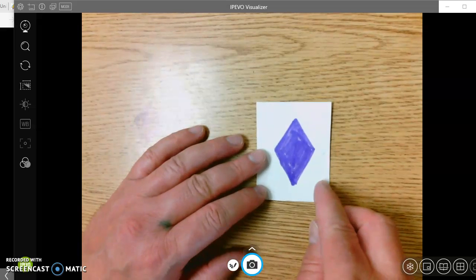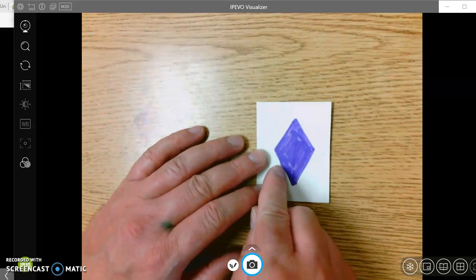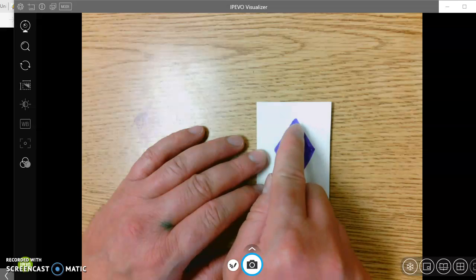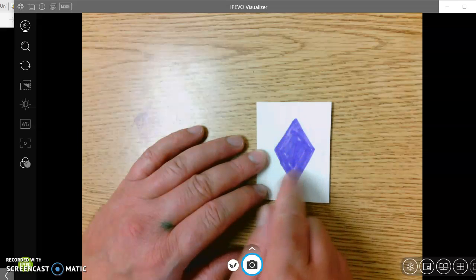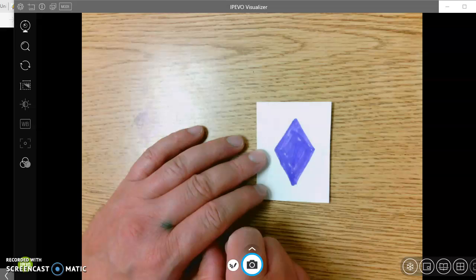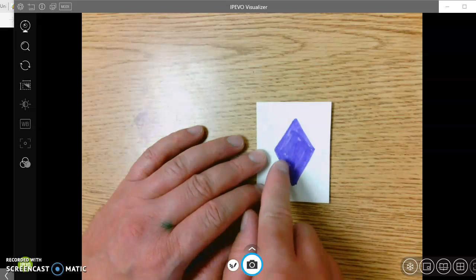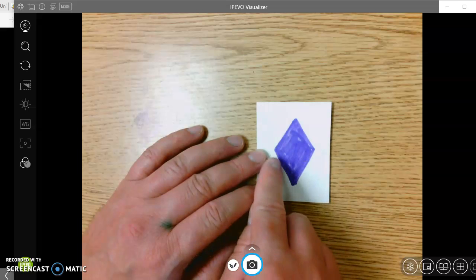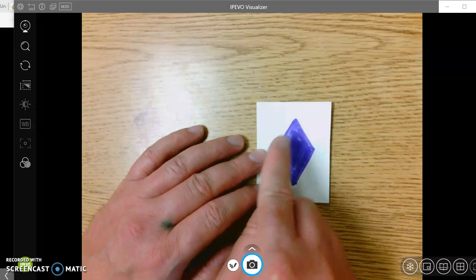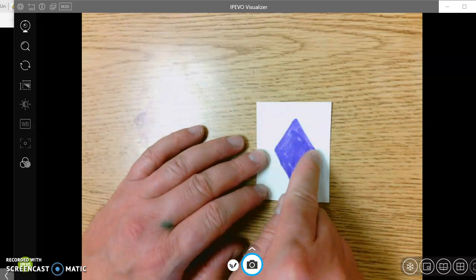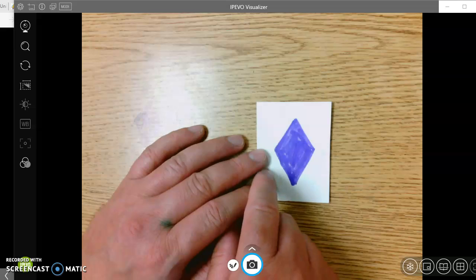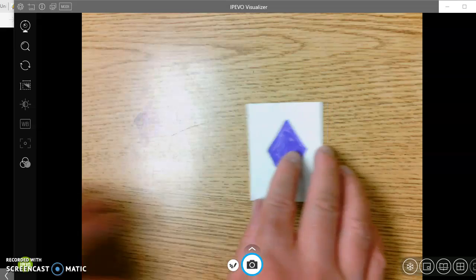How many sides? 1, 2, 3, and 4. And how many corners? These two sides meet right there, so 1, and then these meet there, so 2, 3, and 4. Just like the square, 4 sides and 4 corners.